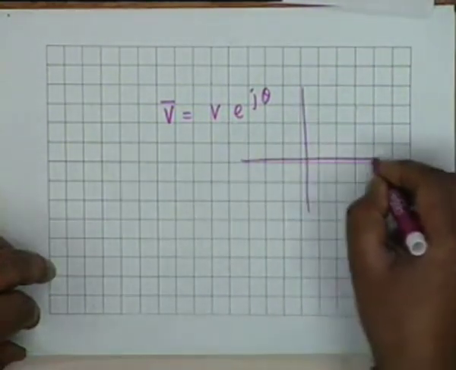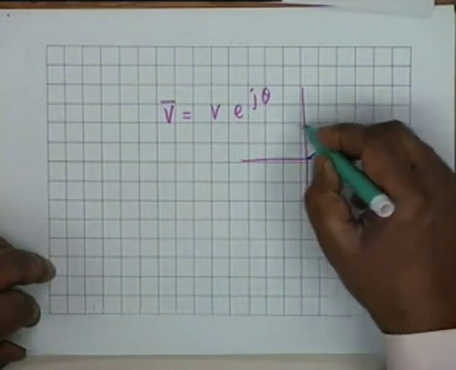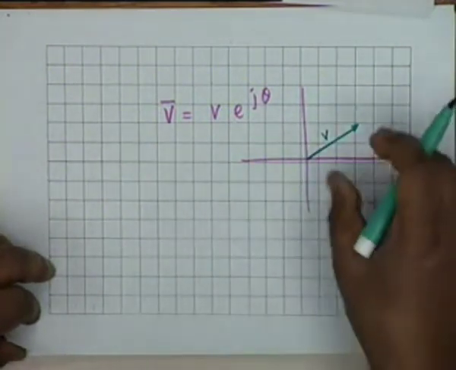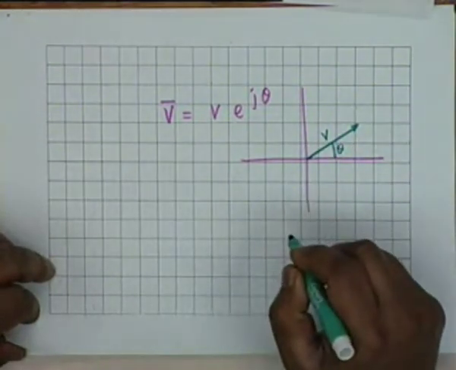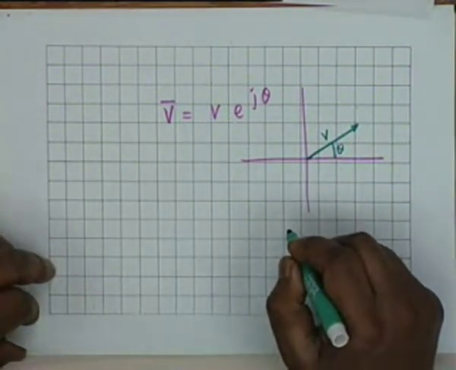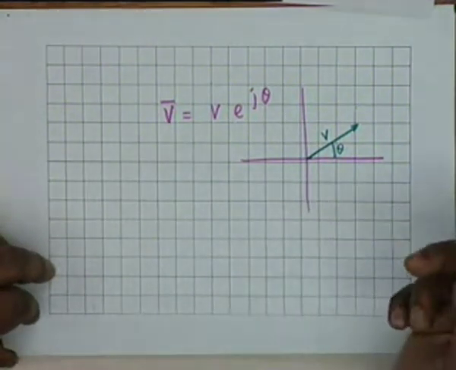In effect, this means that we have a vector whose magnitude, whose length, is V, and whose angle measured with respect to the x-axis is theta. So all sinusoids can now be represented as a phasor.